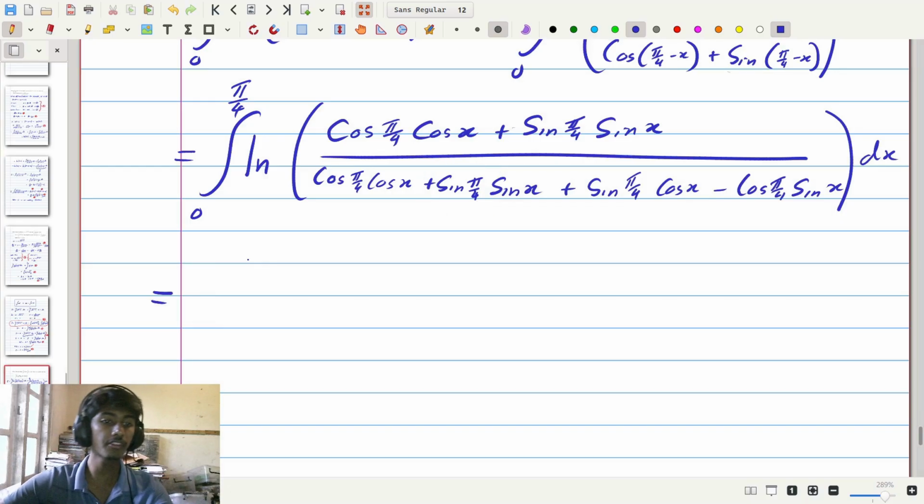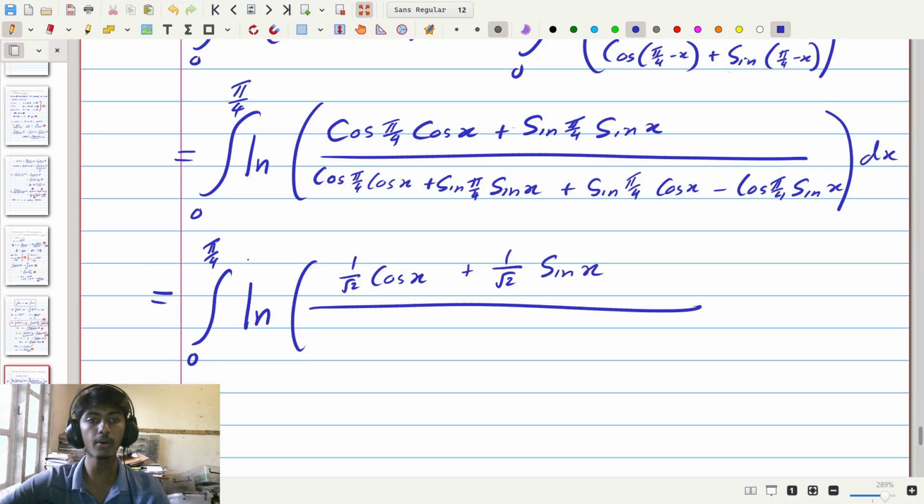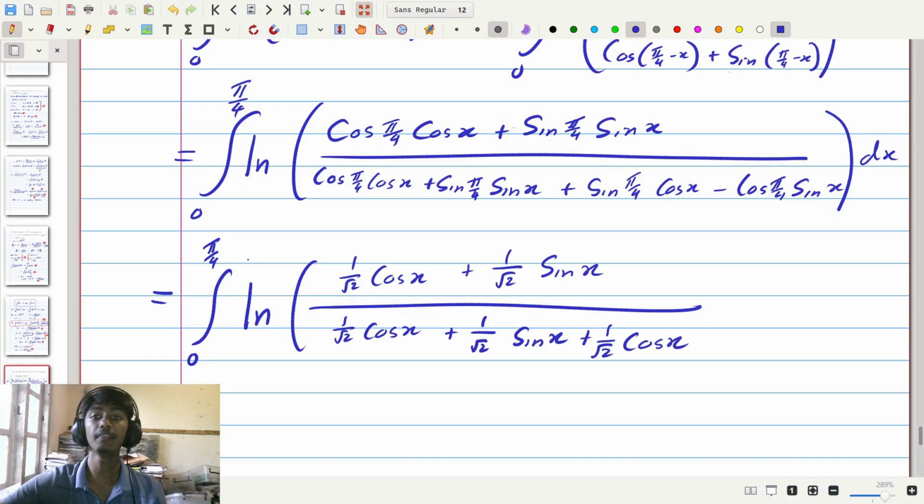So substituting that in, we can see our integral is equal to the integral from 0 up to pi by 4. And on the inside, we have natural logarithm of 1 over root 2 cos x plus 1 over root 2 sin x divided by, and on the bottom we have 1 over root 2 cos x, again plus 1 over root 2 sin x, but then we have plus 1 over root 2 cos x, but then we have minus 1 over root 2 sin x.